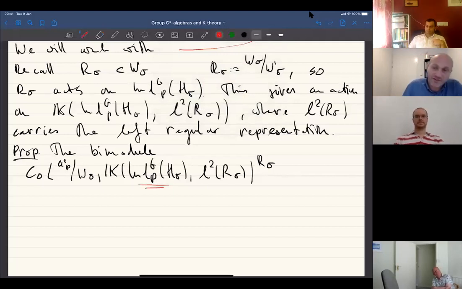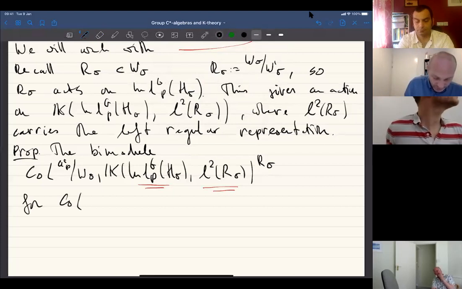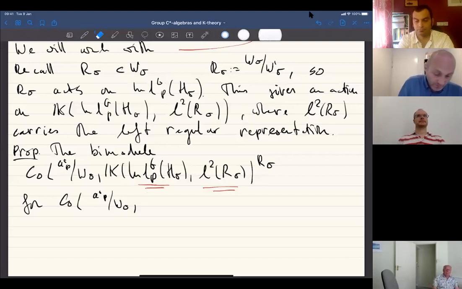And so you can view this as a bimodule. And so this is a bimodule for C0 PW sigma and compacts.